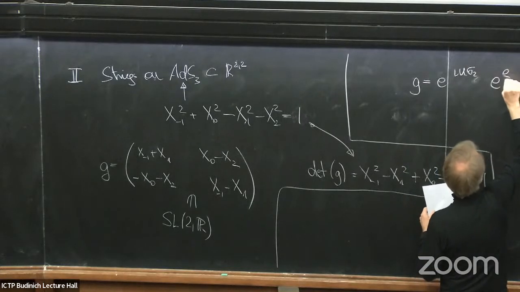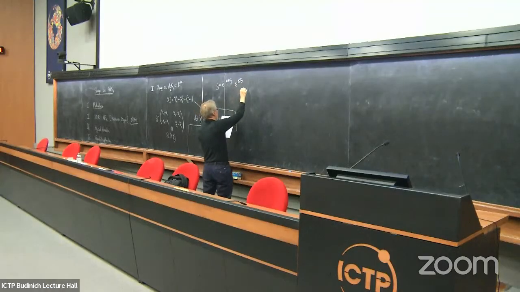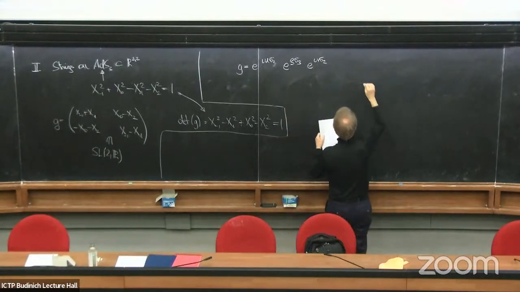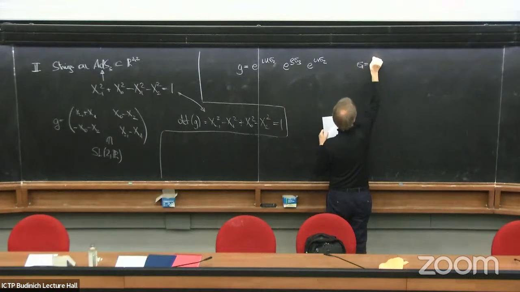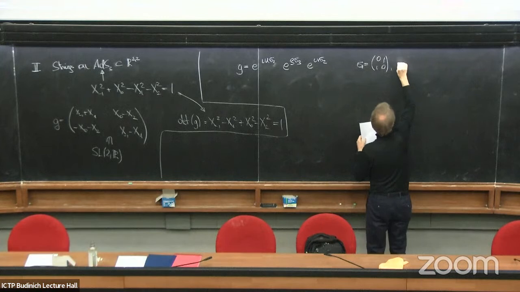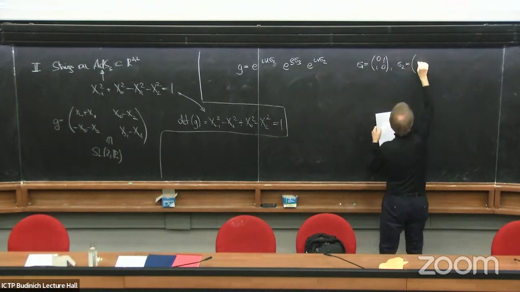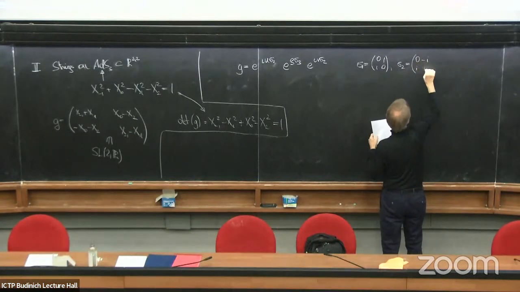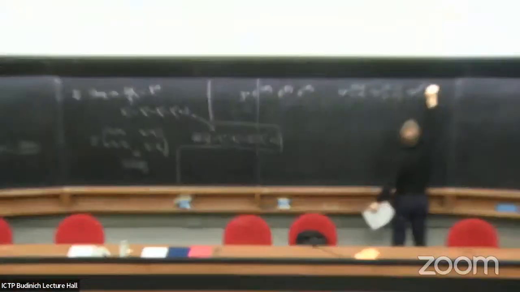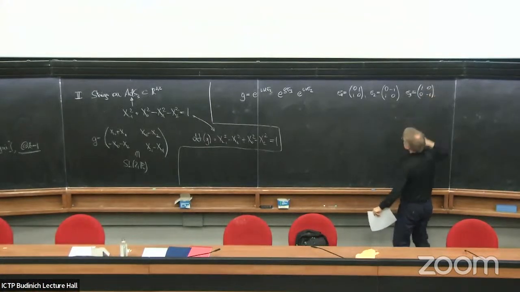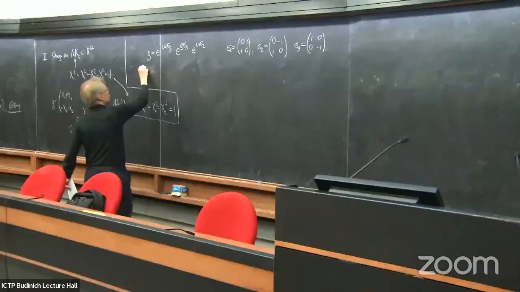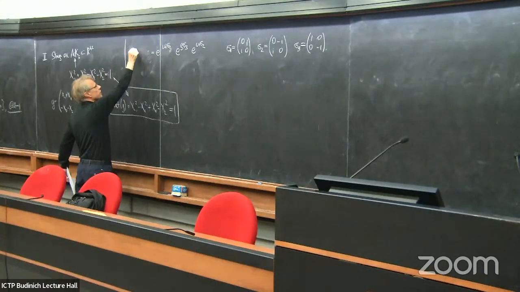The sigmas are the Pauli matrices: σ1 is (0,1;1,0), σ2 is (0,-i;i,0), and σ3 is (1,0;0,-1). G is a function of ρ, u, and v.